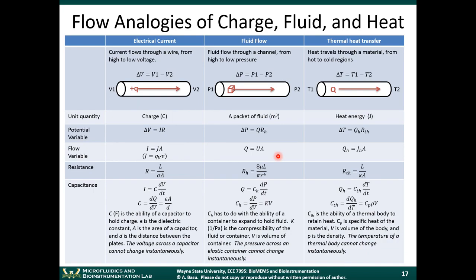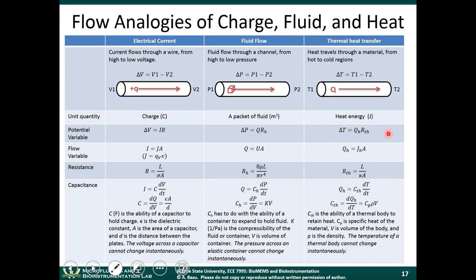All right, so we've covered the potential variable, we've covered the flow variable. Now we'll come back to capacitance in just a second, but let's move on to the thermal domain. So just like charge travels from high voltage to low voltage, and fluid flows from high pressure to low pressure, heat travels from hot to cold.